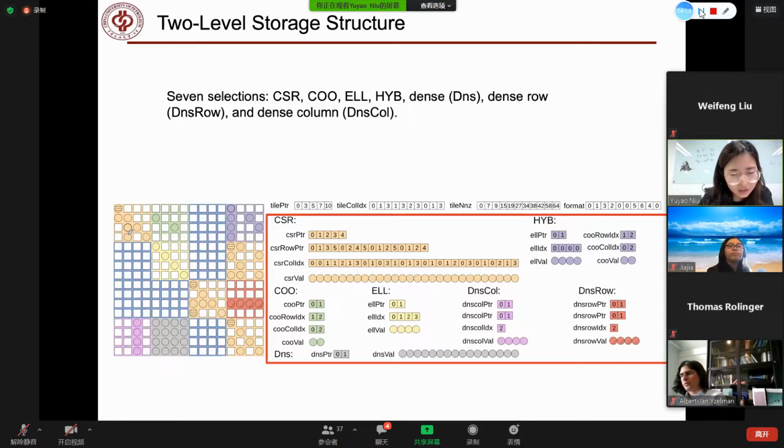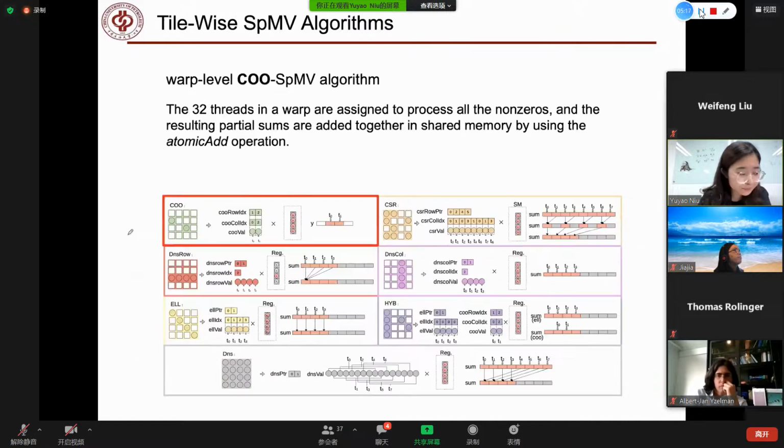And in this work, we provide 7 formats, and each format has several corresponding arrays to store the values and indices in it. Then in order to better compute the sparsity structures of the tiles for SpMV, we developed 7 corresponding warp-level SpMV algorithms for different formats.